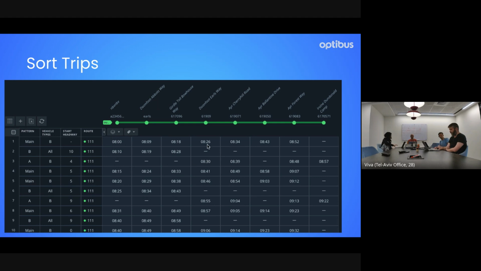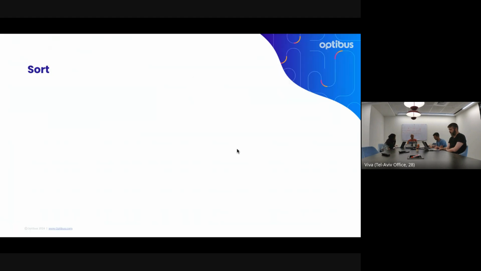If you compare this trip to this trip, the first common stop is this, so you can see that 8:26 should be before 8:30. If you compare this trip to this trip, the first common stop is here, so 8:30 should be before 8:41. Okay, what happens if we compare these two trips? They have no common stop. Let's focus on this problem.